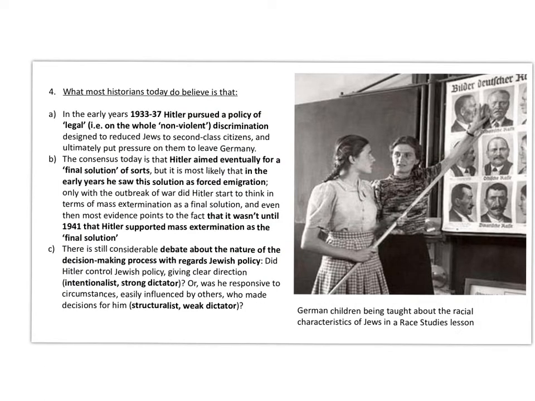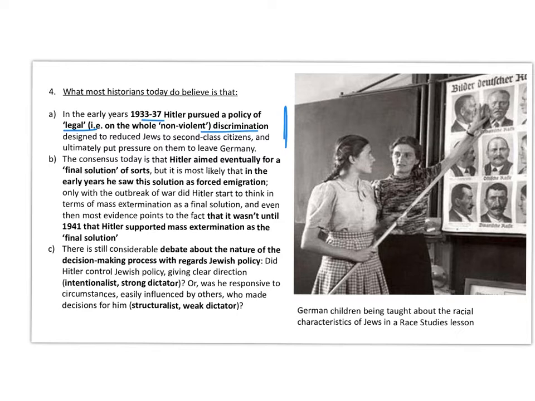What most historians today believe then is in the early years, 33 to 37, Hitler pursued a policy of legalized discrimination. Now, of course, you know about that. We've done about the legal revolution. We know about the reasons why it was important to be seen to be doing things legally, because in Hitler's head, in the early years, foremost is the fact that he knows that the majority of German people, middle class, would not back him unless they saw him as restoring law and order.